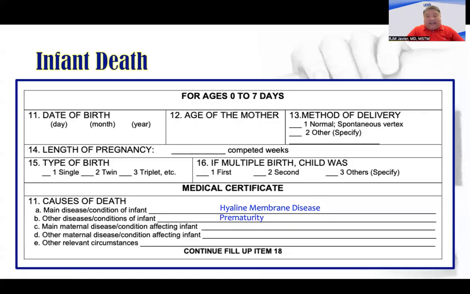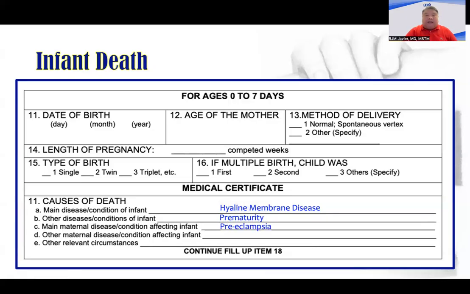So if you look at this, the hyaline membrane disease is secondary to the prematurity of the baby. By just looking at physiology, you know that a premature baby who lacks surfactant can have hyaline membrane disease that can precipitate acute respiratory distress that can lead to the demise of your baby. But what causes the prematurity?